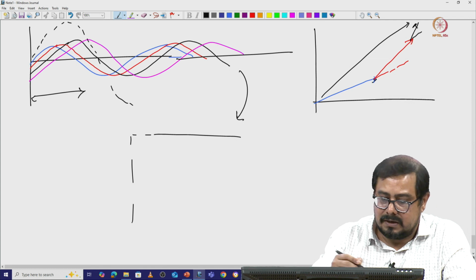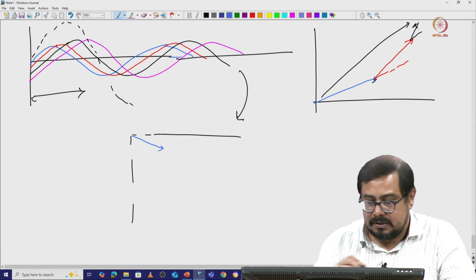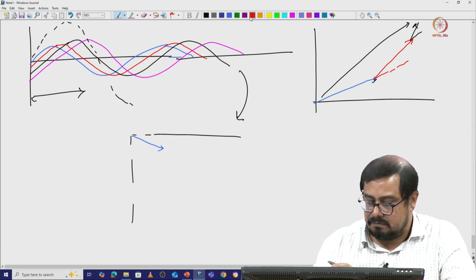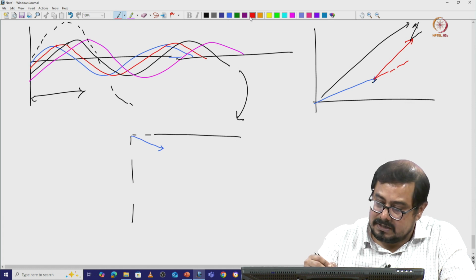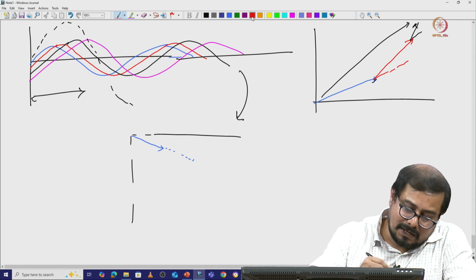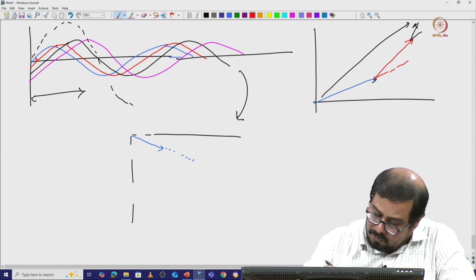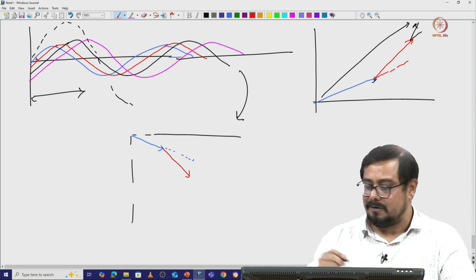So, first wave, I will draw that first wave, that is the blue one, small angle, and then the red. So, first I have to draw that line, and then what is the difference between these two. So, this small angle difference I am drawing. Okay.